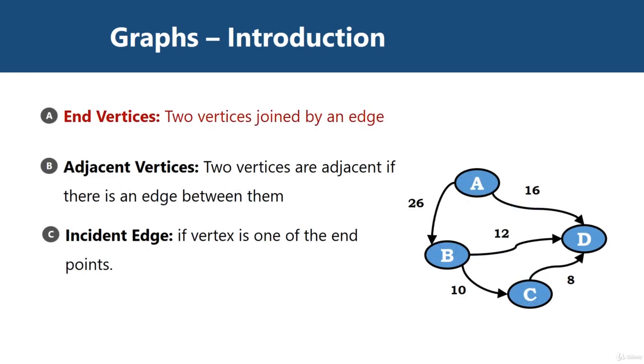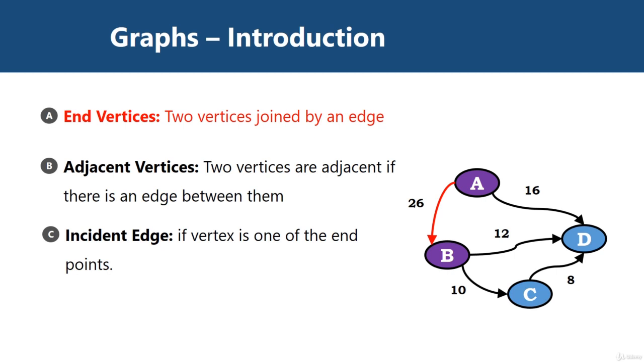The two vertices joined by an edge are known as end vertices or endpoints of the edge. For example, in this graph, if we consider an edge between vertex A and vertex B, then vertex A and vertex B are end vertices or endpoints.